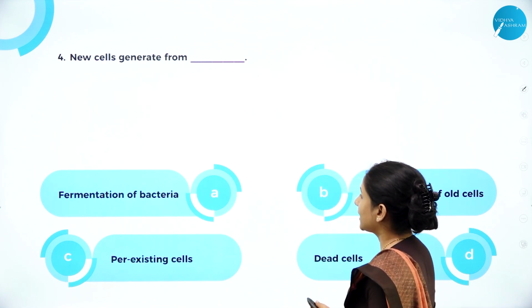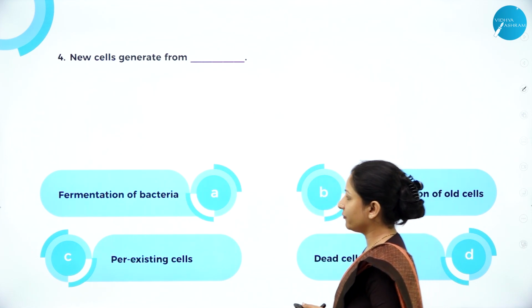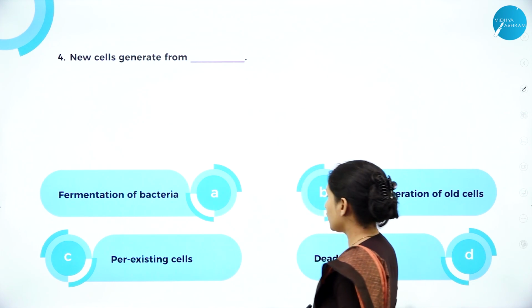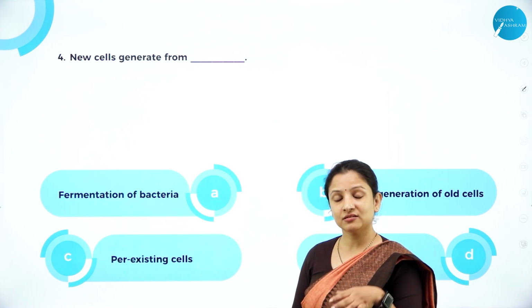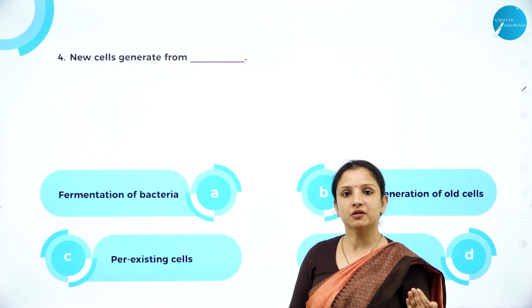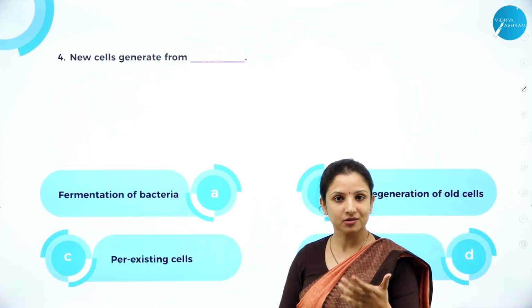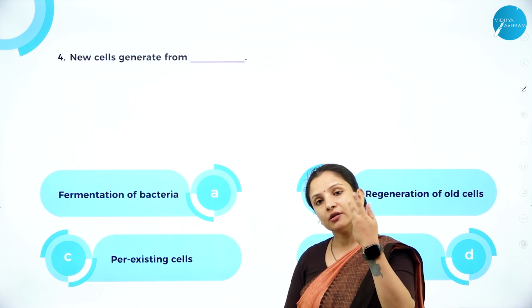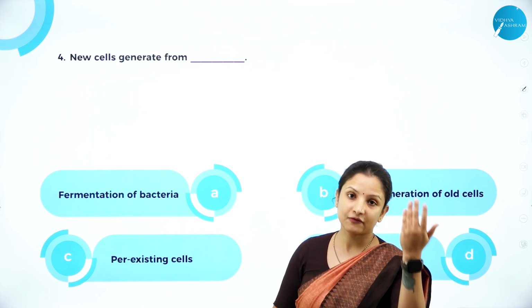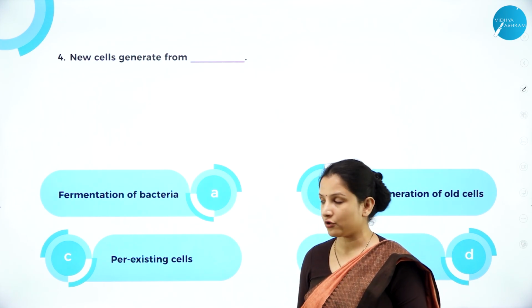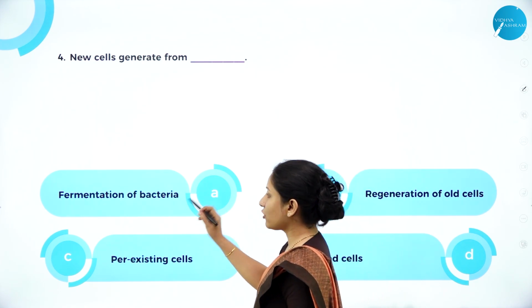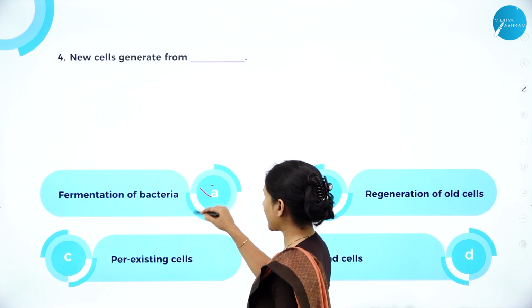New cells generate from dash: fermentation of bacteria, regeneration of old cells, pre-existing cells, dead cells. Fermentation of bacteria, yes, before the advent of the microscope, some hypotheses were put forward, that new organisms generate from the dead, by the fermentation of bacteria and all that. But that is actually wrong because new cells do not generate from fermentation of bacteria.